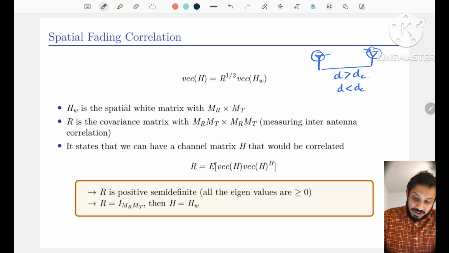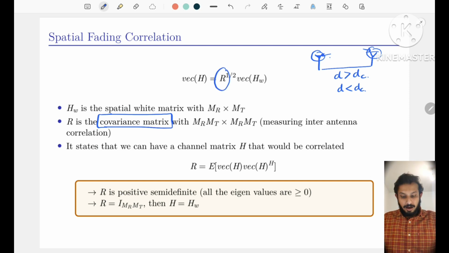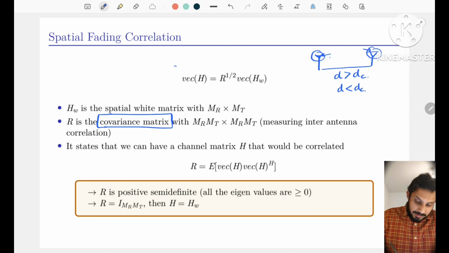This correlation is defined by the covariance matrix, denoted by R. And this expression states that if we have an uncorrelated matrix HW, and if we know how they are correlated, then we can always generate a channel matrix H which has a correlation.